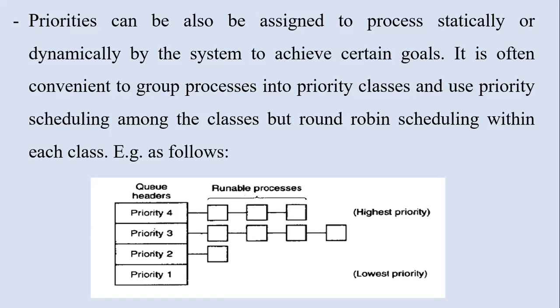But if each process is supposed to use the CPU for just a specific amount of time or a quantum, then the processes will continue rotating in round robin until each queue is completed, and then the processes in the next priority will be attended to. That's very important to note.